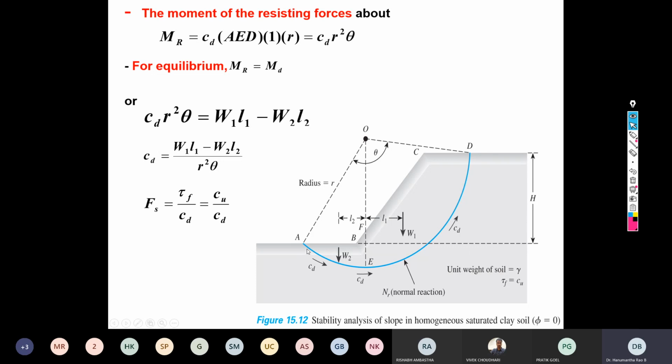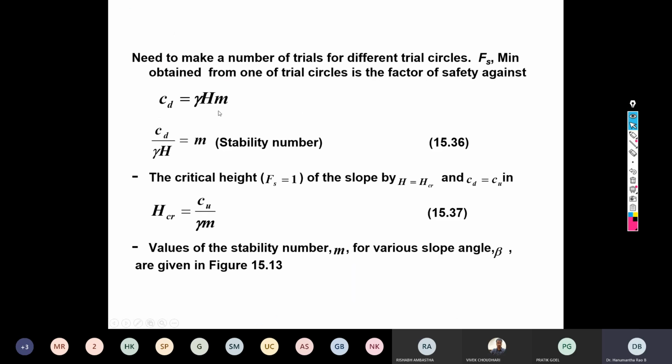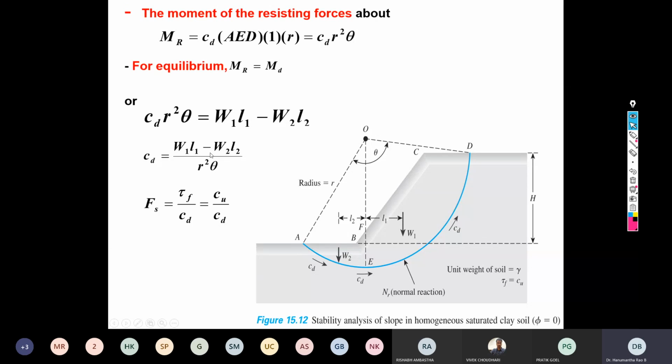So using the stability number, if you want to determine the minimum or critical height of the slope as per this equation, then we can relate this CD to the stability number. So that's how it has been arrived. H critical is equal to Cu by gamma m, which is further equivalent to W1 L1 minus W2 L2 by R square into theta.